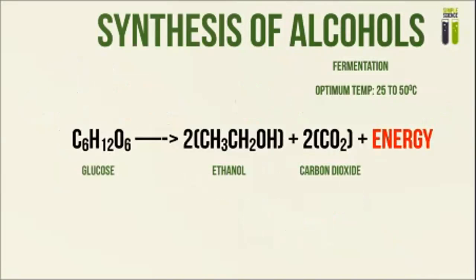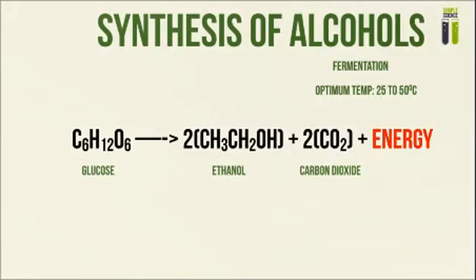Now let's look at the synthesis of alcohols, in which we look at how we can create alcohols. Of course, in daily life you might encounter this method of synthesis known as fermentation. This is what we commonly see as sugar fermenting into alcohol.